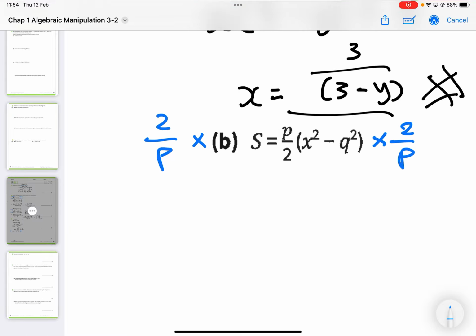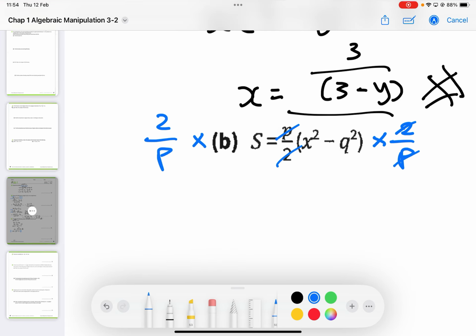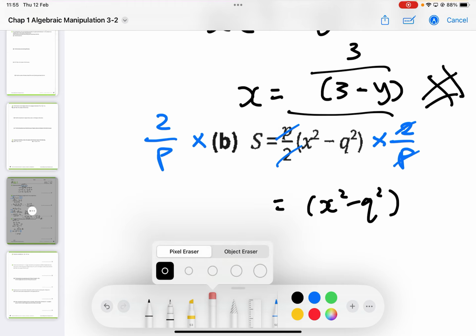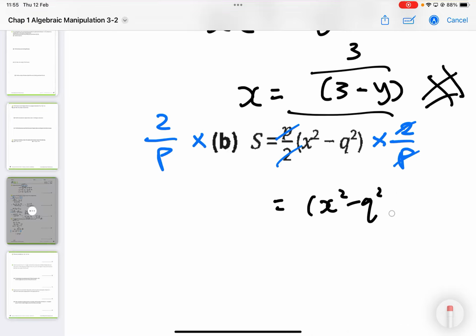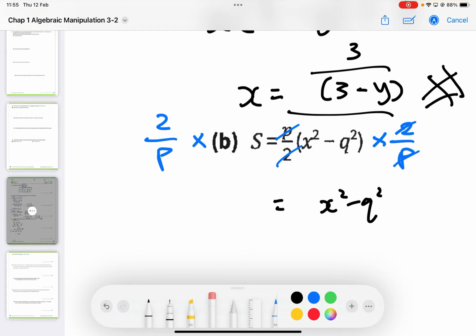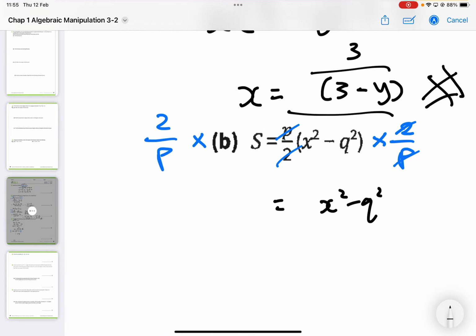But when I multiply 2 over P to the right hand side, my 2 will cancel with this 2. My P will cancel with this P. So on the right, I am left with x squared minus q squared. When my x squared minus q squared is alone, it also means that I no longer need to put the bracket. It doesn't multiply anything already. Okay? Then my left hand side will be left with 2s over p.